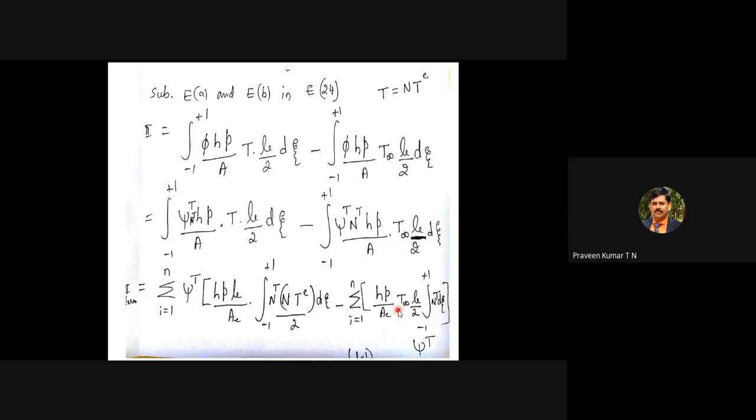If you keep a hot steel rod in the atmosphere, the hot steel rod surface temperature may be 500 degrees Celsius. The surrounding temperature is known, let it be around 28 or 30 degrees. That is nothing but ambient temperature. No need to write T infinity in terms of N into TE, because T is unknown here. Hence you are writing in the vector form. T infinity is retained as it is, no change.